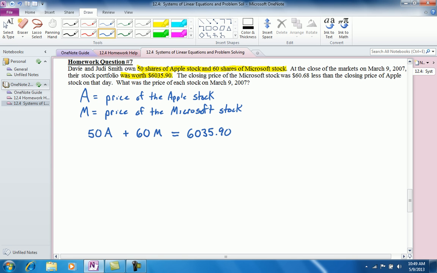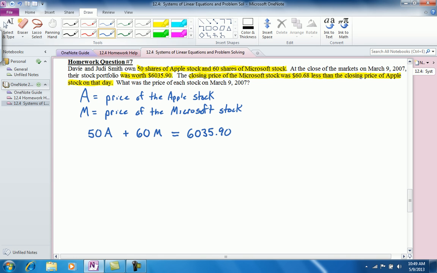My second equation comes from the fact that the closing price of the Microsoft stock was $60.68 less than the closing price of the Apple stock on that particular day. So what does that mean?